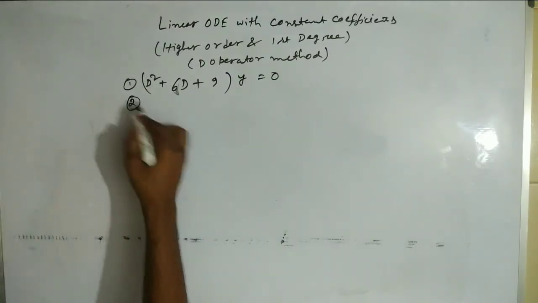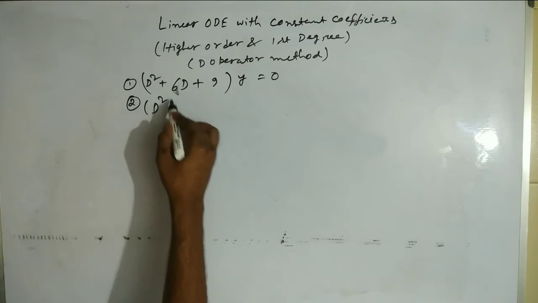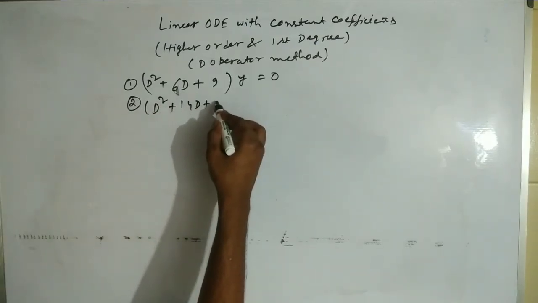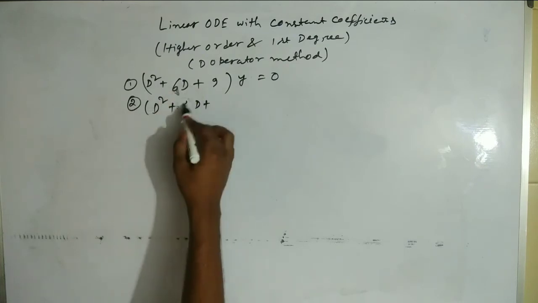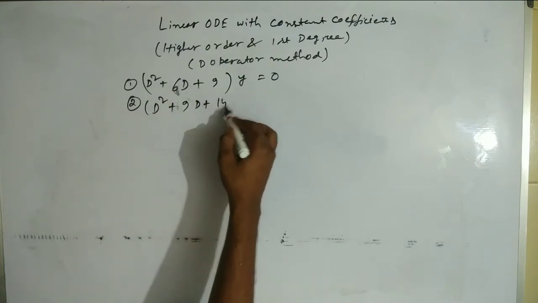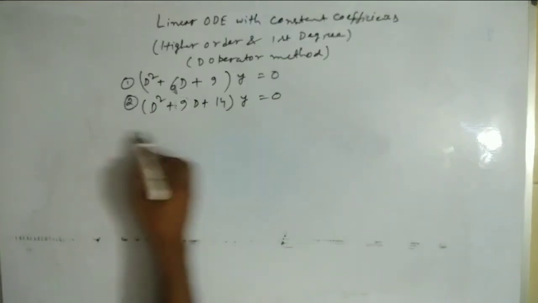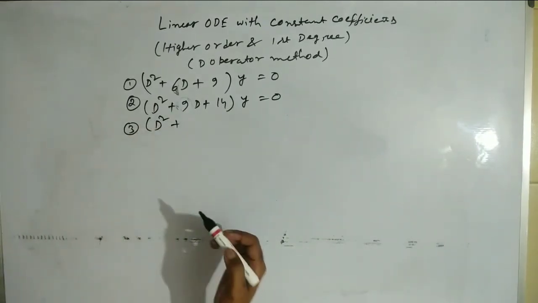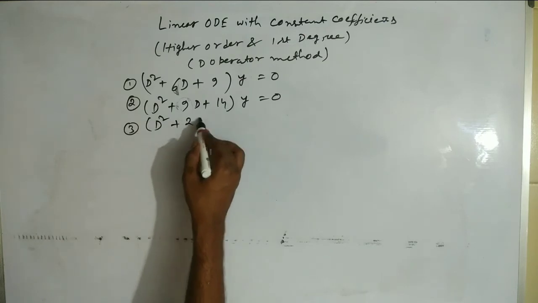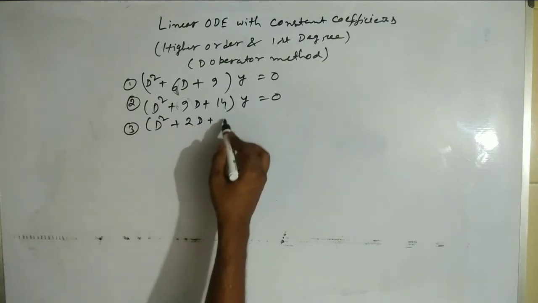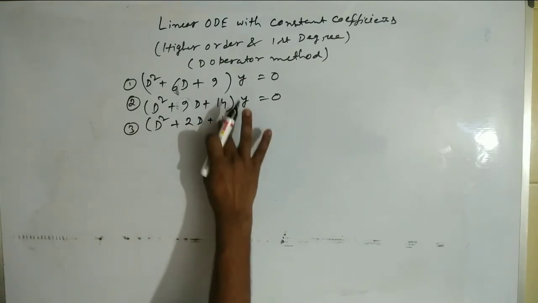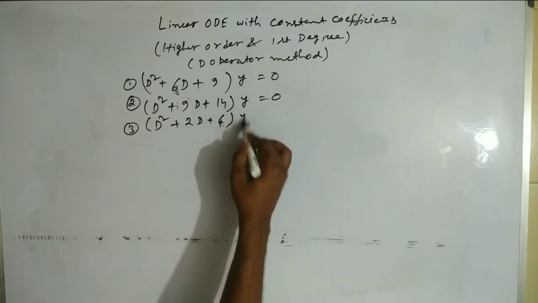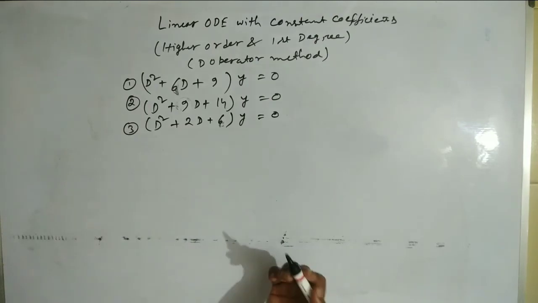Number 2, D square plus 9D plus 14, y equal to 0. And number 3, D square plus 2D plus 6, y equal to 0.